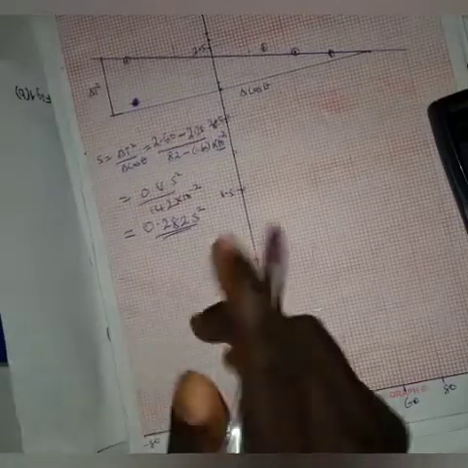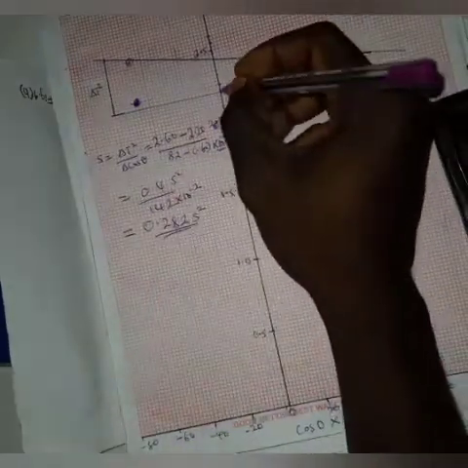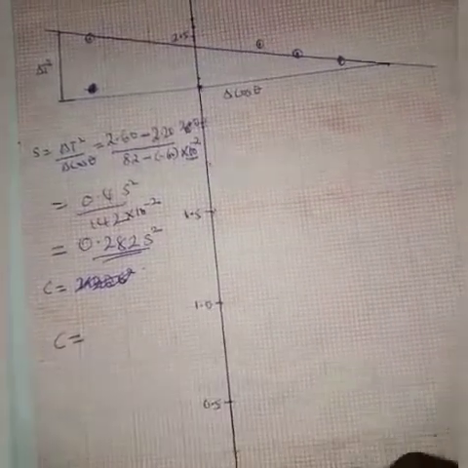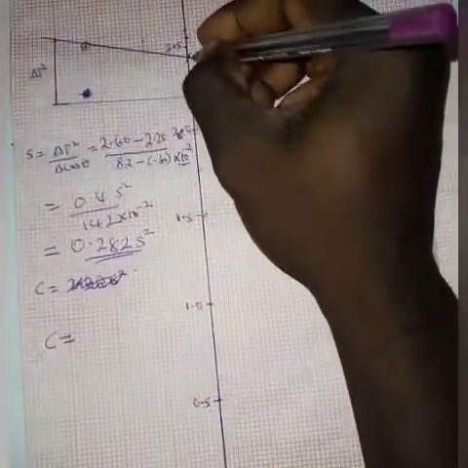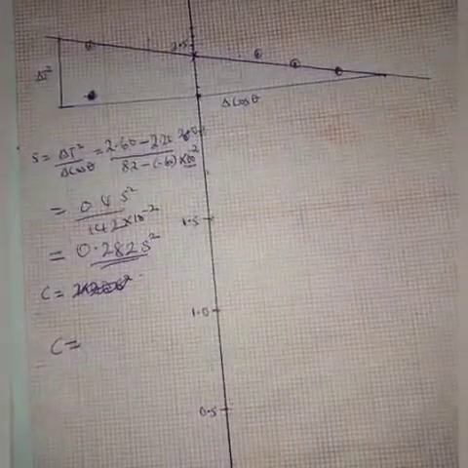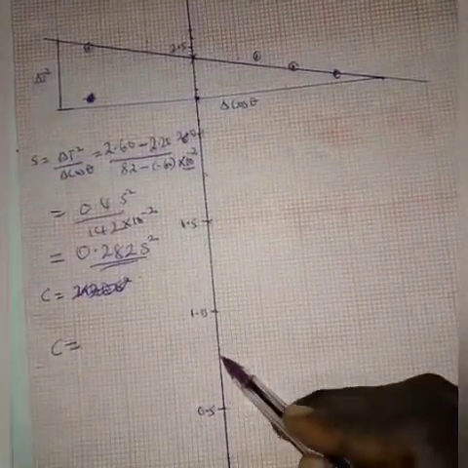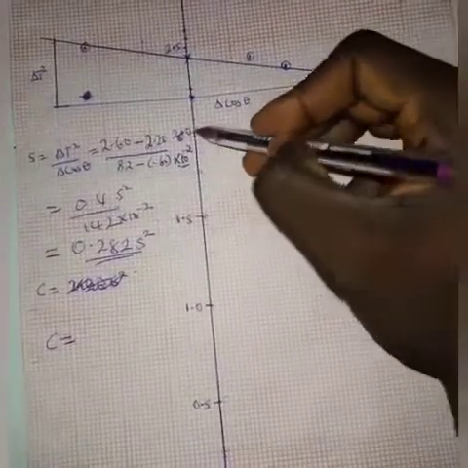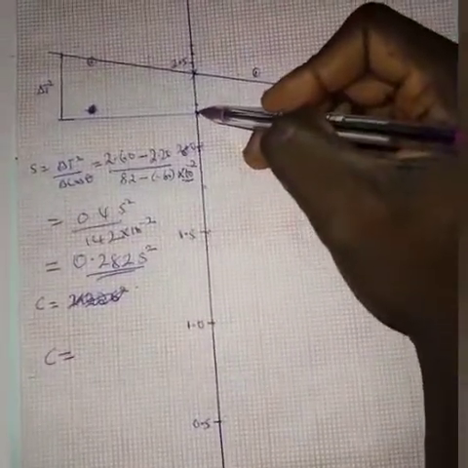So when you have that, then the intercept, so the C intercept is at this point here, this point here. That's the C intercept. So I'm going to count 10, 20, 30, 40, 50, 60, 70, 80, 90.